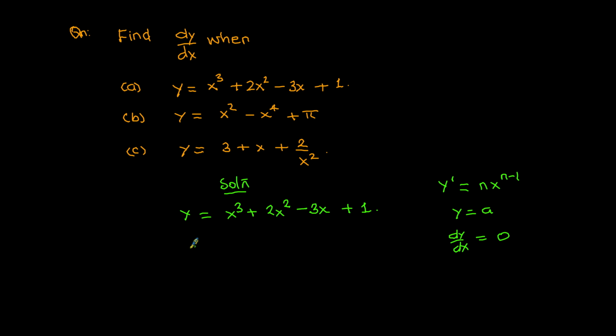So we can go ahead and apply this, and we have dy by dx is equivalent to, we multiply by this power and reduce it by 1, so 3 minus 1 is 2. Then when you multiply this 3 by 1, we have 3x squared. Then 2 times 2 is 4, and x, 2 minus 1 is 1.